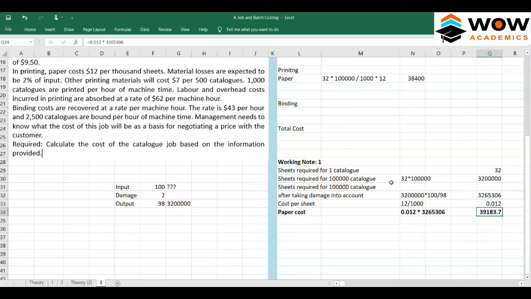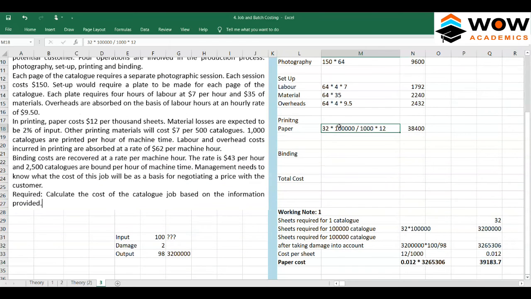So as we have done the working note, we don't need to work out anything here. We can directly get this amount. So we can put the amount directly here. So this is the paper cost. Then he says other printing material. So other material would be $7.